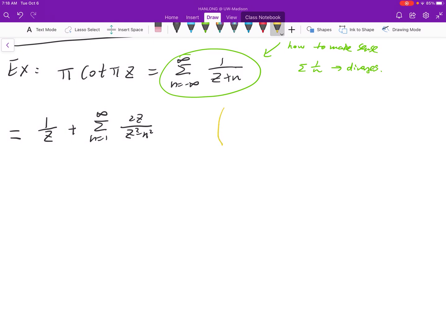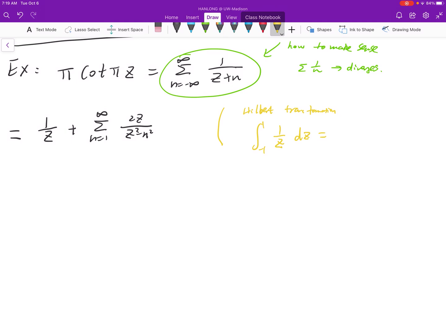When we talk about the Hilbert transformation, when you have the integral of 1 over z dz from negative epsilon to positive epsilon, from 1 to negative 1, how to make sense of it? Because around 0 you have singularities.